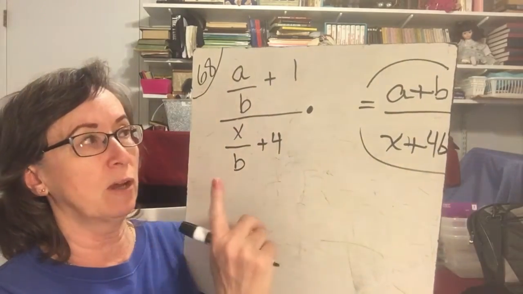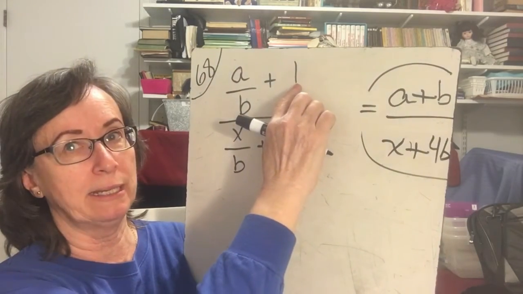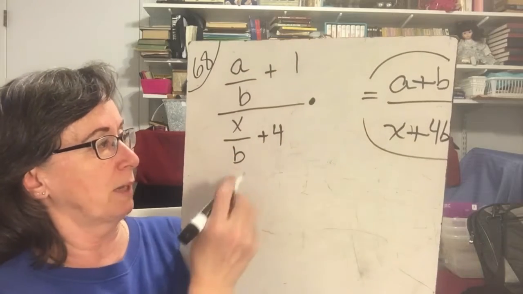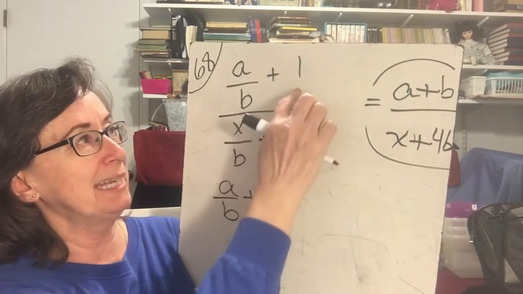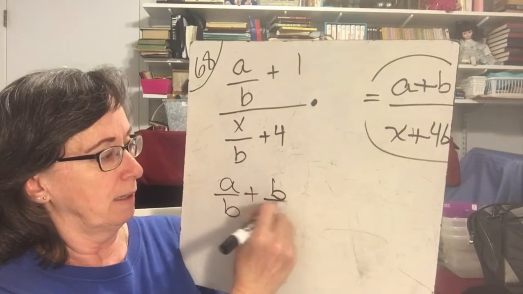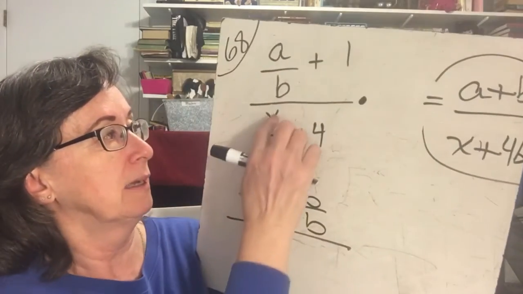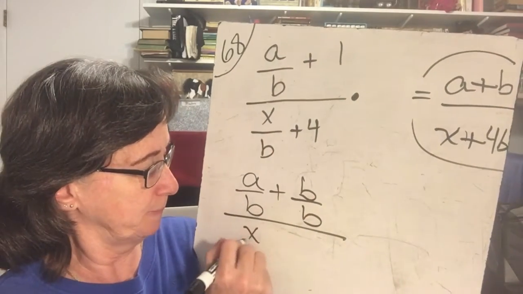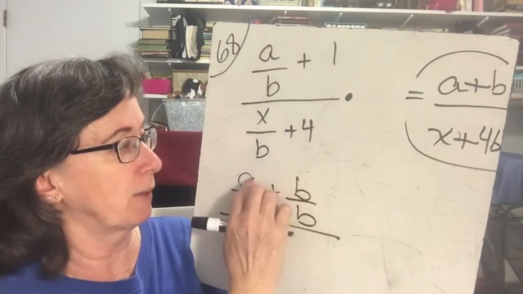All right, so don't I have a problem? When I rewrite it, isn't this one going to be A over B plus, I need a B on the bottom, so wouldn't that be B over B? And then I'm going to divide by X over B. And then I want a B on the bottom again, so I can add these together.